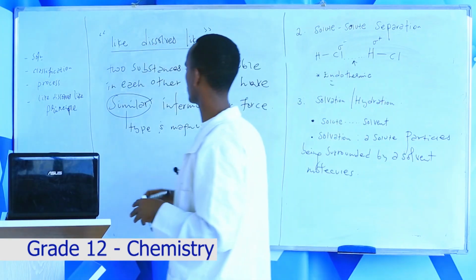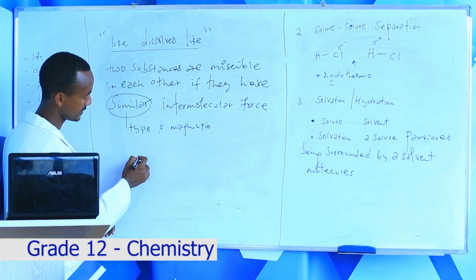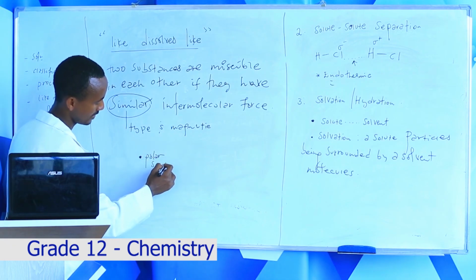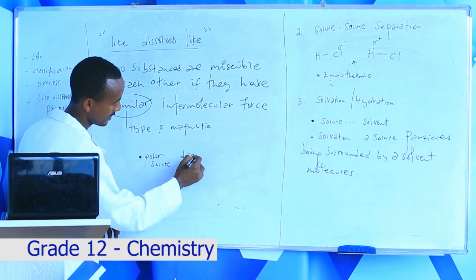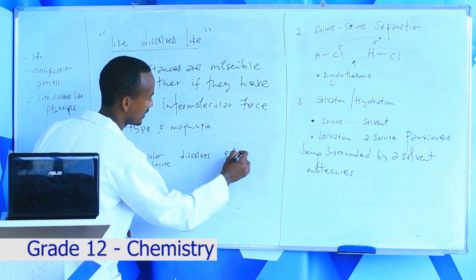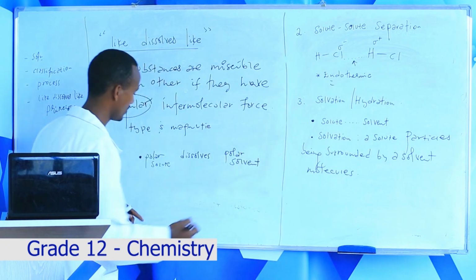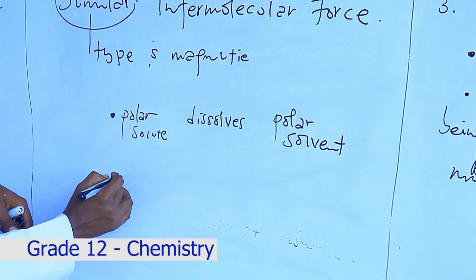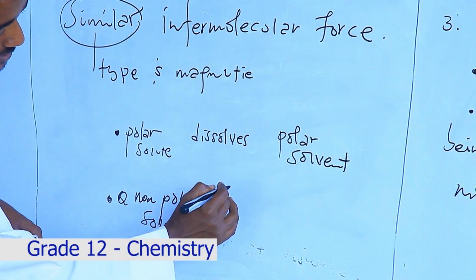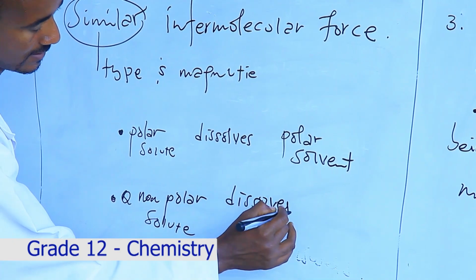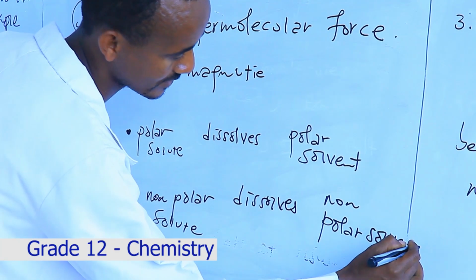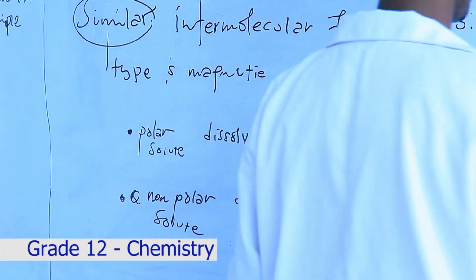According to the like dissolves like principle, a polar solid will dissolve in a polar solvent, or a non-polar solid will dissolve in a non-polar solvent. This is the principle known as like dissolves like. Let us see an example.